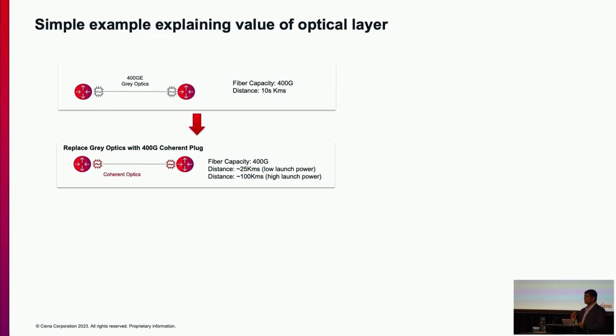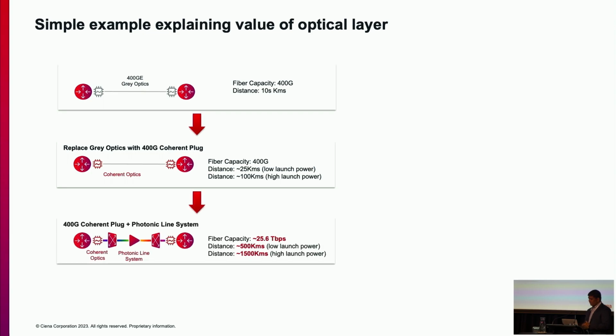But there is a small incremental value on the network. Based on the type of plugs that we use, whether they are equipped with embedded amplification or not, we would be able to achieve a distance right from 25 kilometers all the way to 100 kilometers. So there is a small incremental value when you go from the gray plug to the coherent plug.